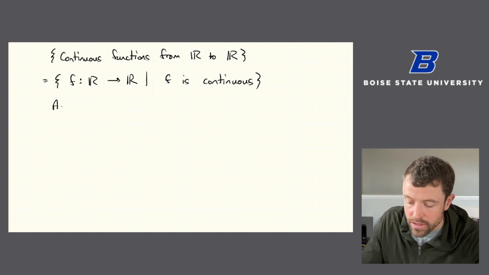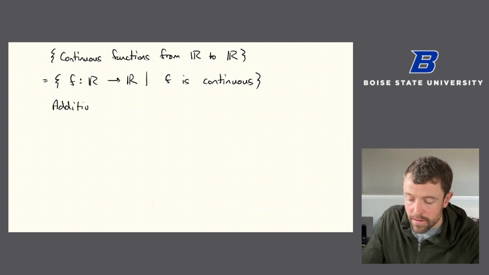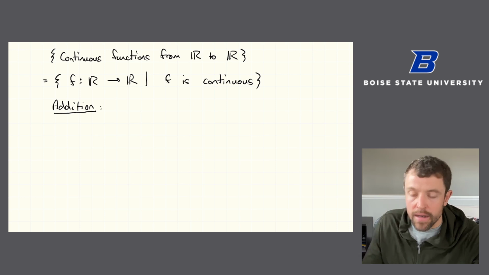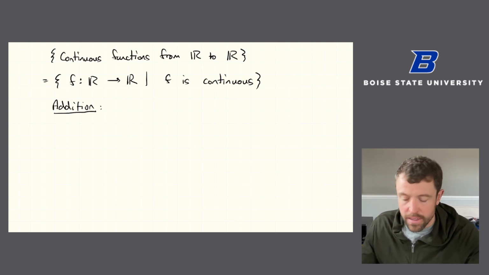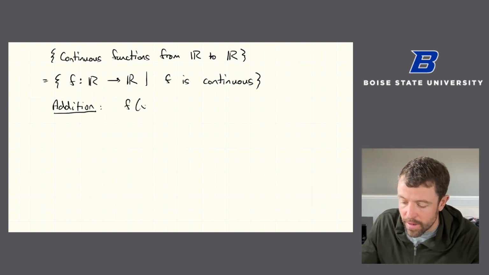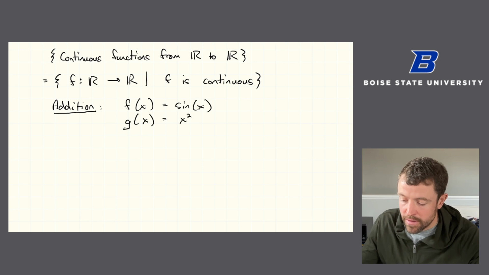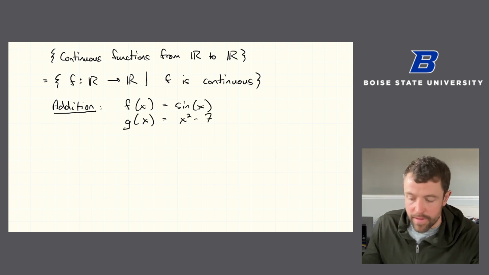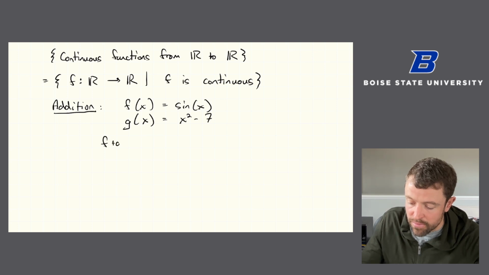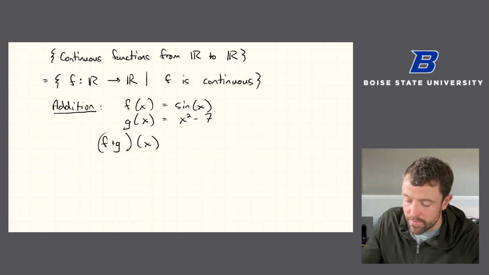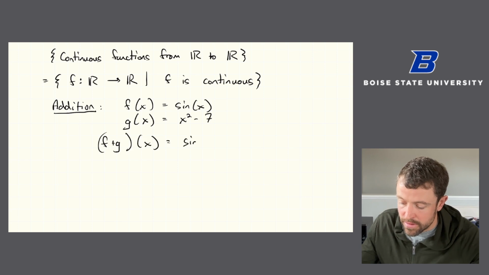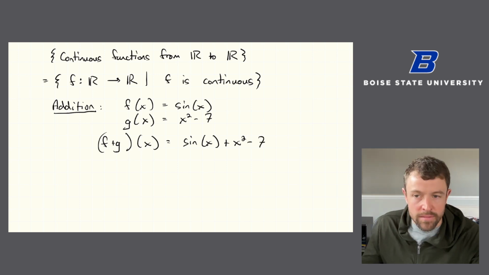We can add two functions. And I'm doing these again by examples, but if we have, for instance, the function f of x equals sine x, and we have the function g of x equals x squared minus 7, then f plus g of x is sine x plus x squared minus 7.